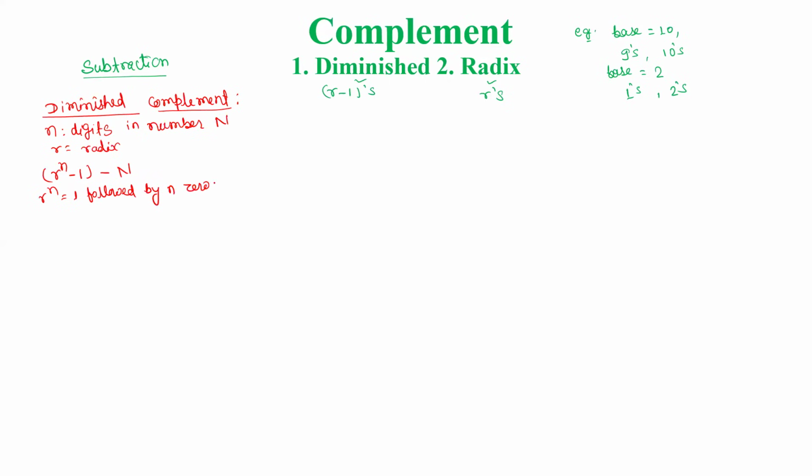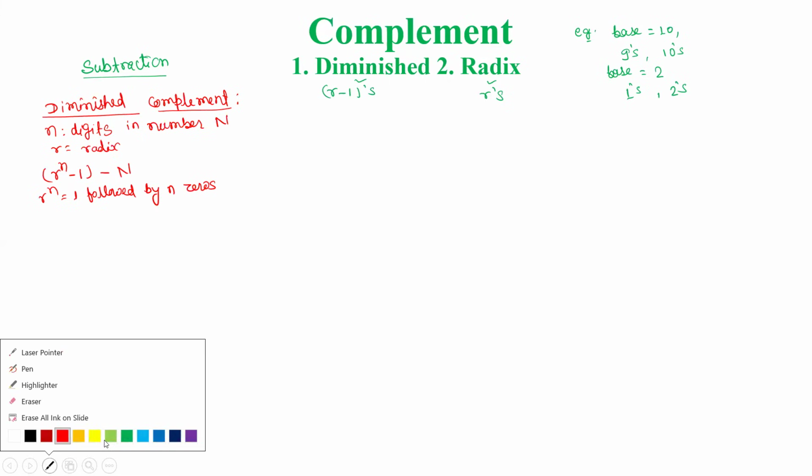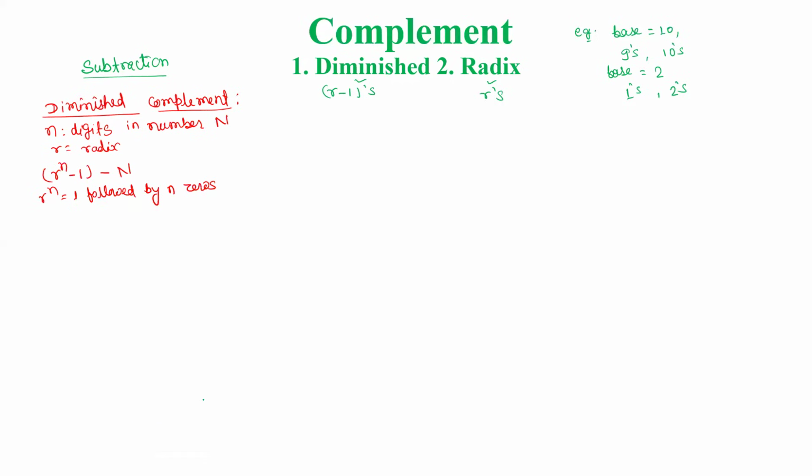However many digits there are in that particular number, that many zeros we utilize here. So the expression is R to the power n minus 1 minus capital N.